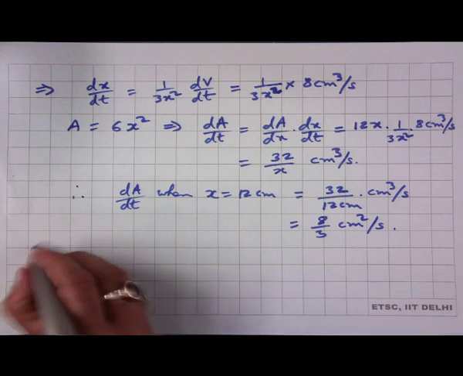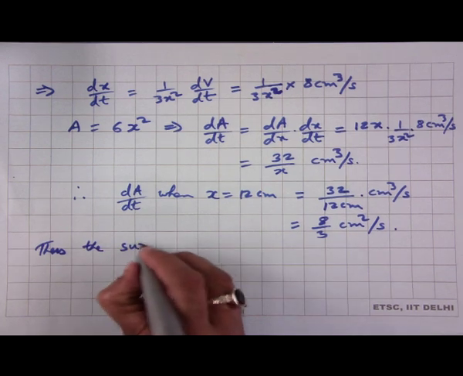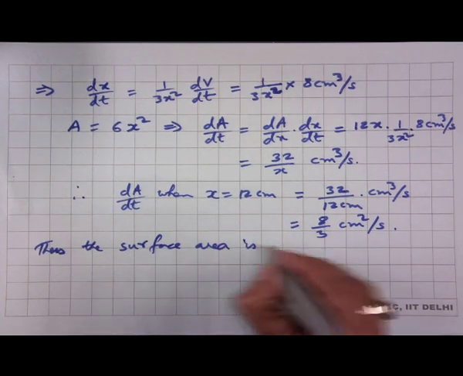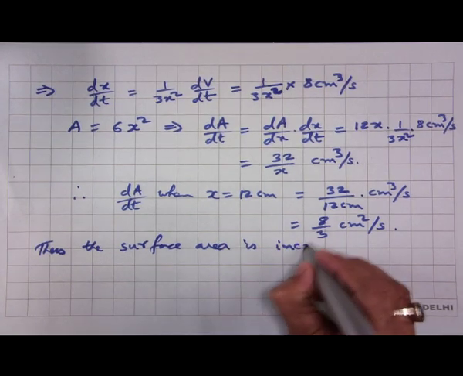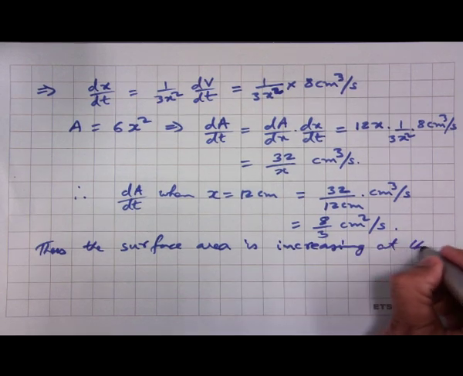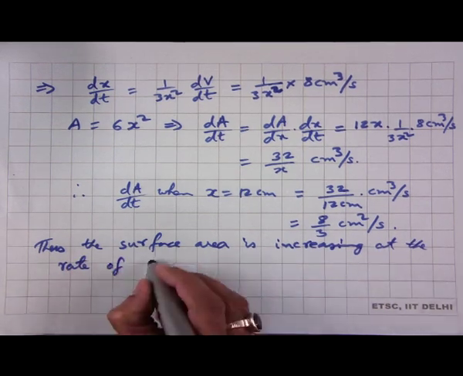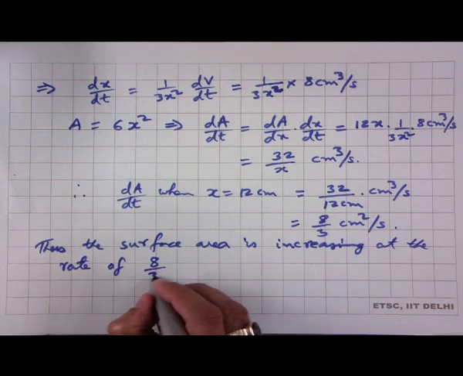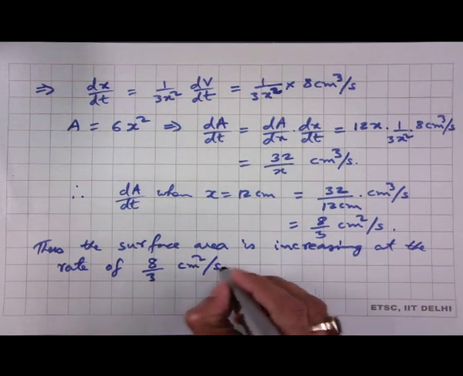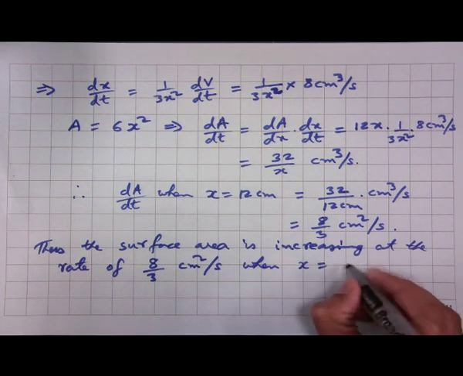So, thus the surface area is increasing at the rate of 8 by 3 square centimeter per second when x is equal to 12 centimeter.